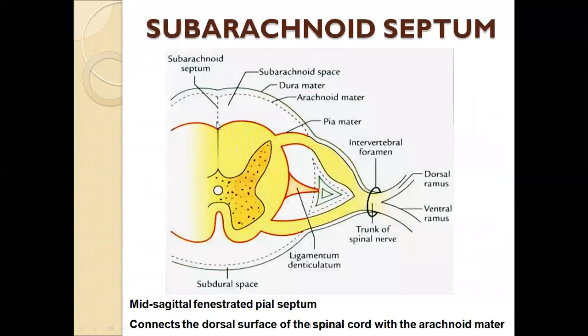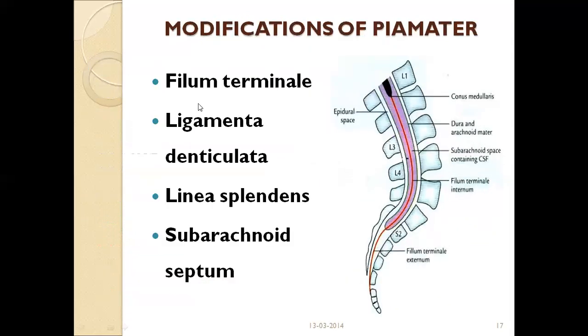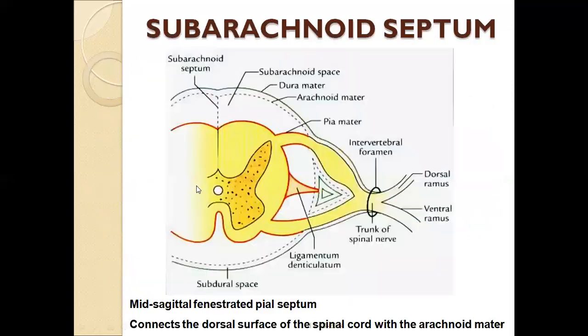Now this is the subarachnoid septum, which is also one of the modifications of the pia mater. That is the subarachnoid septum, this one. It connects the dorsal surface of the spinal cord with the arachnoid mater.